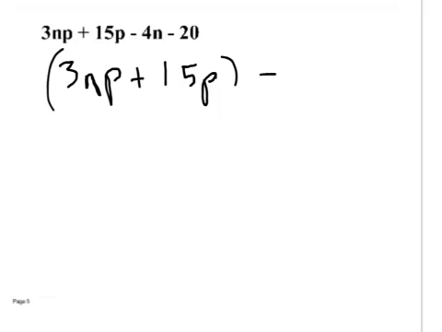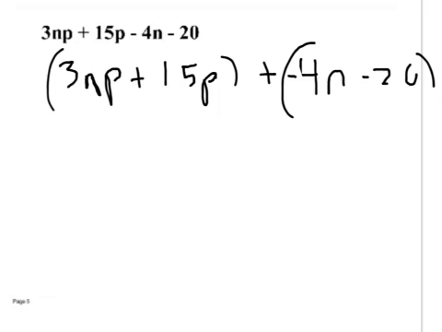And then we're going to do negative 4n minus 20 here. Actually, I'm going to make this inside there. Sorry. I put the negative on the inside. Because if I put it on the outside, then it changes everything. We don't want to do that.